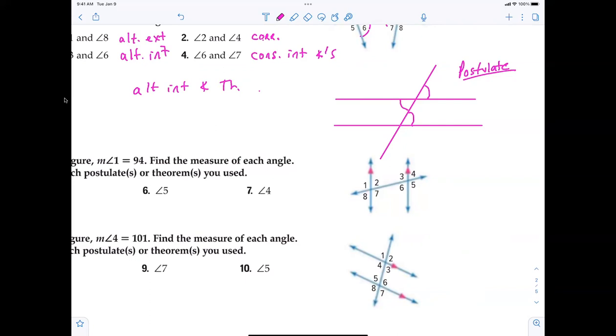I'm going to go ahead and just do the proofs real quick, just so you can see it. The alternate interior angles are congruent. Let me write this proof out. You have to be given that two lines are parallel. If I call this angle 1 and I call this angle 2, what's true about angle 1 and 2?